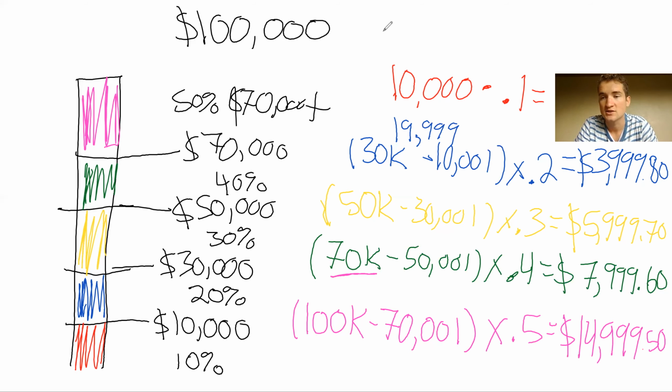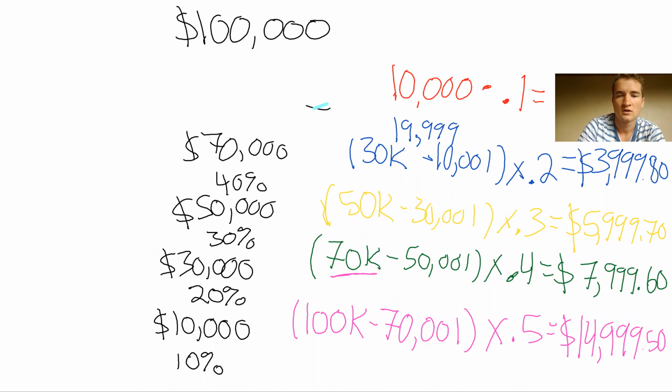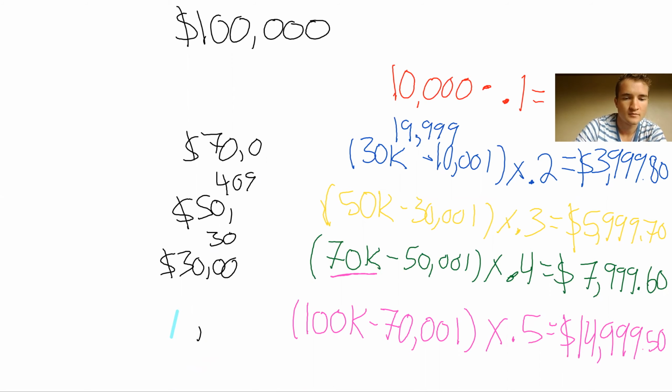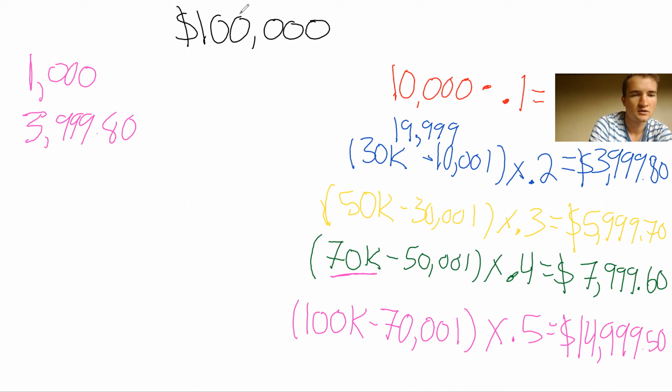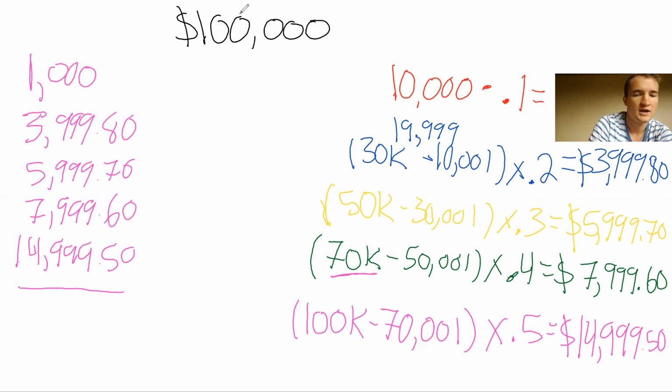All right, so that's what you had to pay in each bracket along your way. Now to find your total taxes, you just have to add them all up. So if you add 1,000, 3,999.80, 5,999.70, 7,999.60, 14,999.50, add it all together.